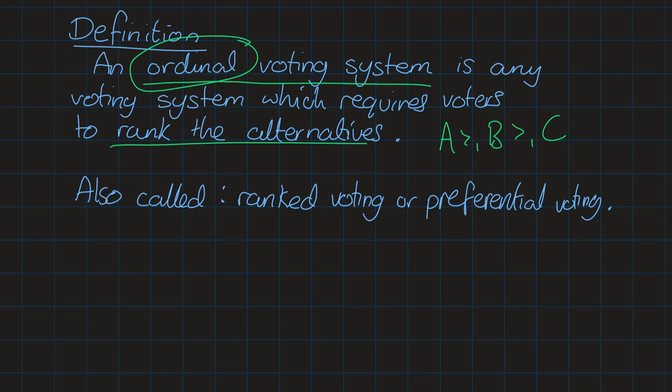Ordinal voting systems are also sometimes called ranked voting or preferential voting. Okay, they have a bunch of different names. I'll try and just use ordinal, but it's useful to know the other names as well. Some things to note about ordinal voting systems. Okay, in an ordinal voting system, you can't convey how much you prefer one alternative to another alternative.